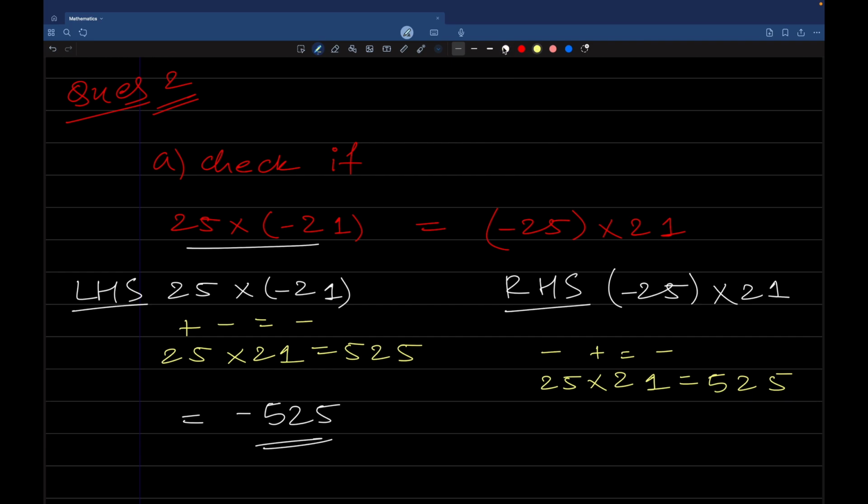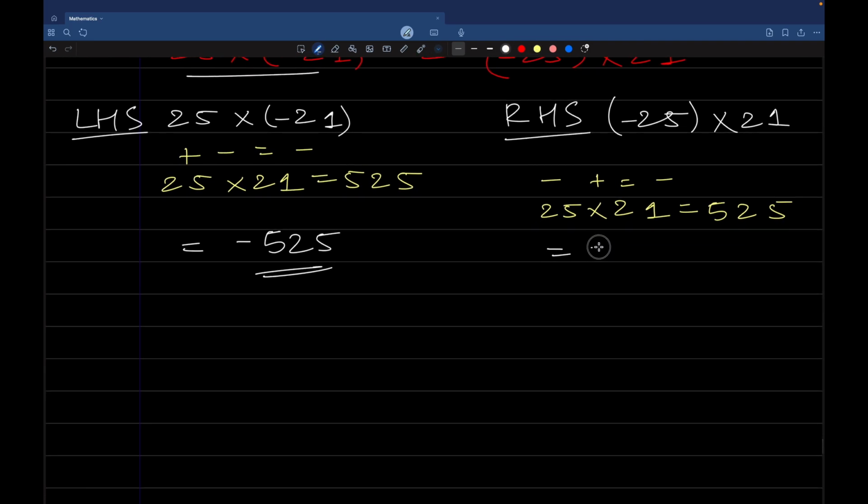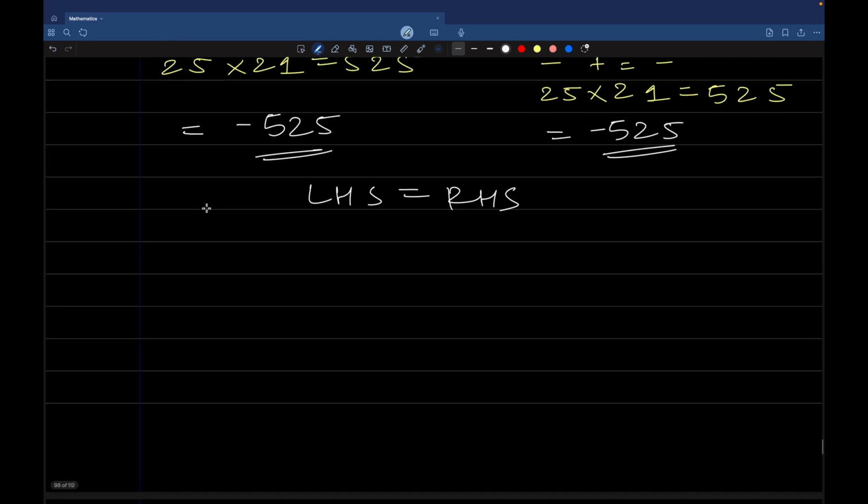So answer is minus 525. We have LHS equals RHS. Hence this statement is true.